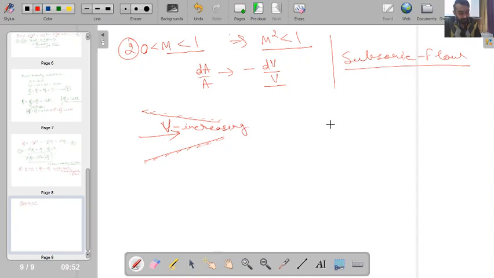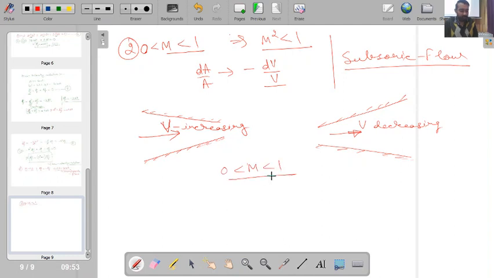And when your area is increasing, corresponding to that, your velocity is decreasing. This is applicable for subsonic flow when your Mach number is between 0 and 1. So for a subsonic flow, if I decrease area, then my velocity increases, and if I increase area, then my velocity decreases. Is this point clear?